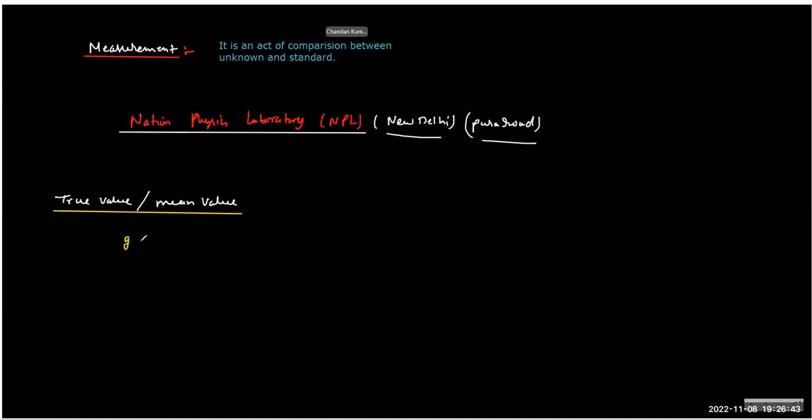Let's say this is the value of g, 9.8 meter per second square, which is known to you. So when you perform the simple pendulum experiment in your lab and you obtain the value of g using the pendulum, there you compare against this standard which is known to you, isn't it?